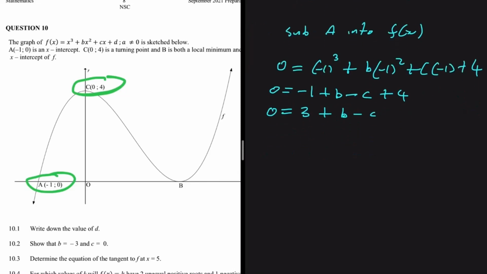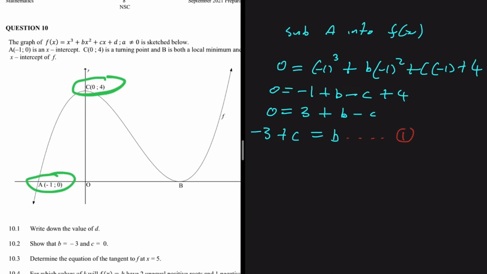So let's make b the subject of the formula, so that we don't have to divide both sides by -1, we make minus c the subject of the formula. So we're going to get -3 plus c equals b. From here we cannot do anything else, so we can name this equation 1. And now we can find another equation, and then we'll solve simultaneously.